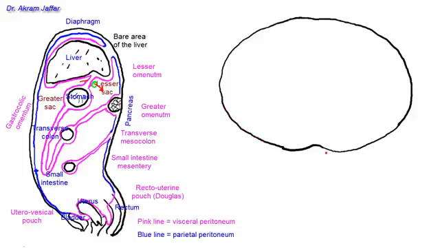I will arrange the viscera so that the section looks similar to the axial CT or MRI section, because you will be more familiar with these sections than with an anatomical section. In other words, I will draw the section as if you are looking at the body from below. So this is the liver, visceral surface of the liver here.